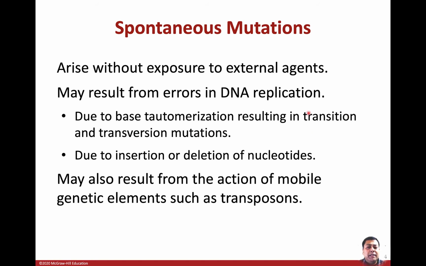What we mean by transition and transversion mutations is that when a purine is changed by another purine, that is called a transition. But when a purine is changed by a pyrimidine, that is called a transversion. Now, that is a little bit more difficult because remember that purines have a double ring whereas pyrimidines have a single ring. So changing a purine to a purine or a pyrimidine to a pyrimidine, which is a transition, is much easier, because a single ring is changed by another single ring, or a double ring is changed into a double ring.